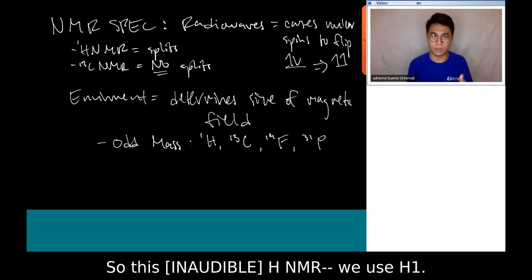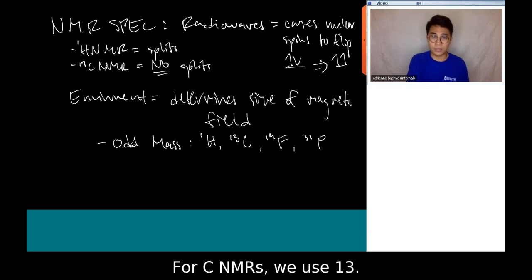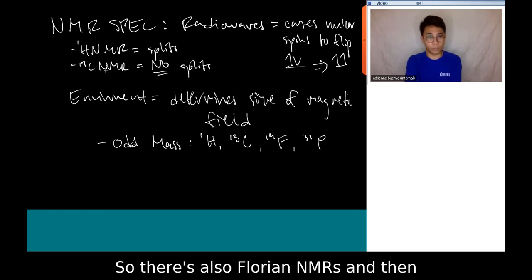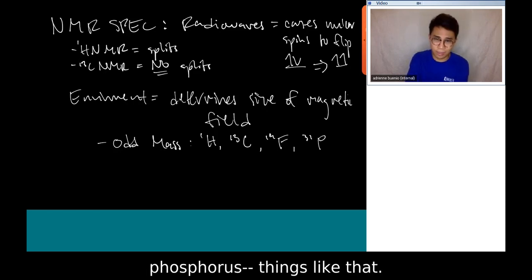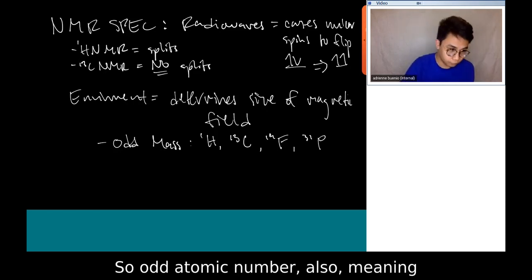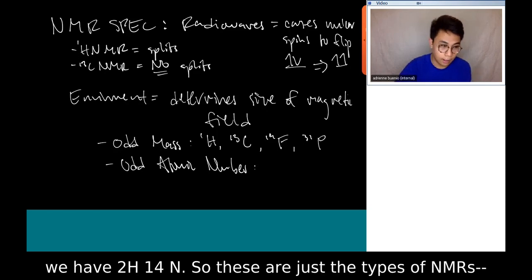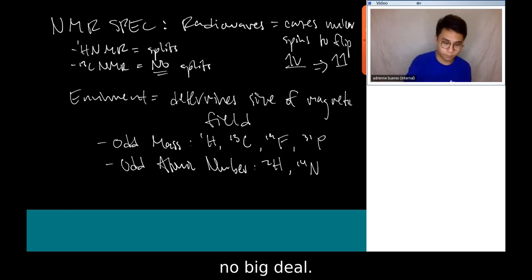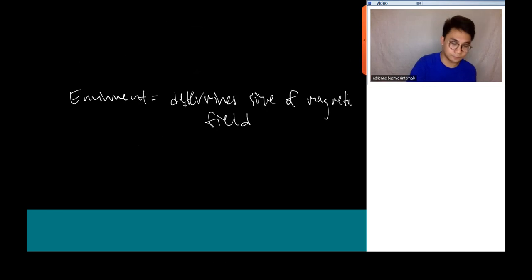So you see here for HNMR, we use H1. For CNMRs, we use 13C. So there's also fluorine NMRs and then phosphorus, things like that. So odd atomic number, meaning we have 2H, 14N. So these are just the types of NMRs, right? No big deal.